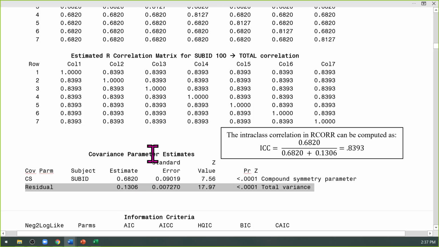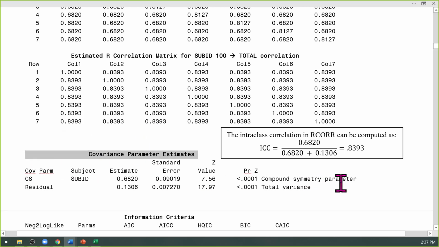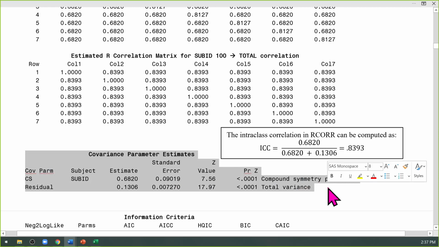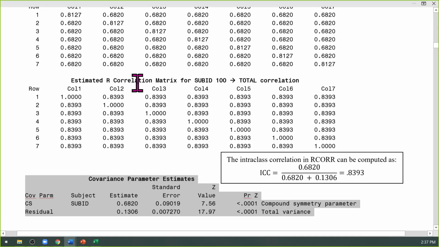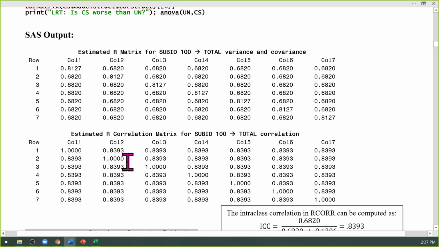So the way to think about this output is that what is contained in the model for the variance is going to be right there. Each specific parameter that's being estimated is going to be listed in that table. How those parameters get reconfigured to make the prediction is illustrated in the R matrix and in the R core matrix.